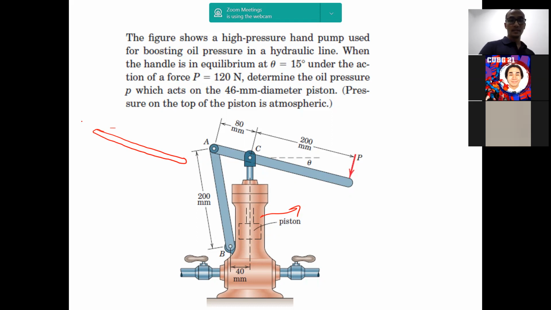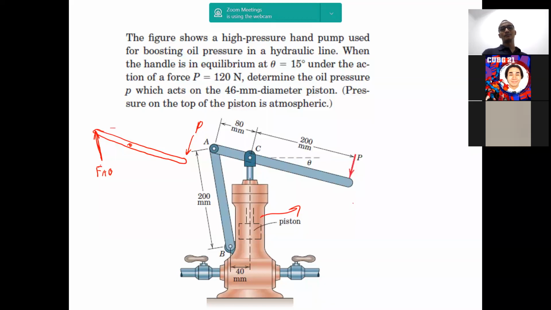So FAB, in the direction of AB, like this. And then P at the end. What else? And then the FCP, C piston. Based on our discussion before, it seems like you haven't woken up yet, right, Rafi?